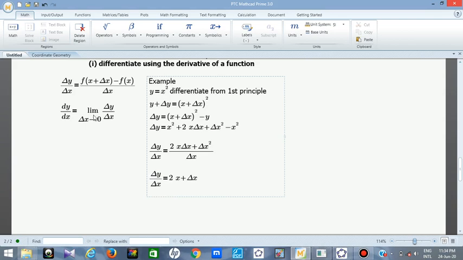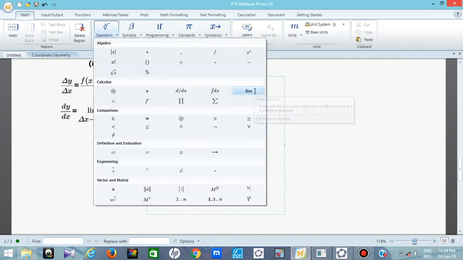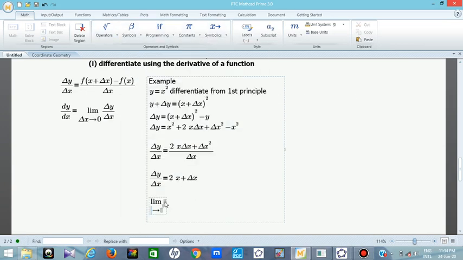We now need to get the limit. So we need to get the limit of delta y over delta x, which is this value, 2x plus delta x, when delta x approaches 0.